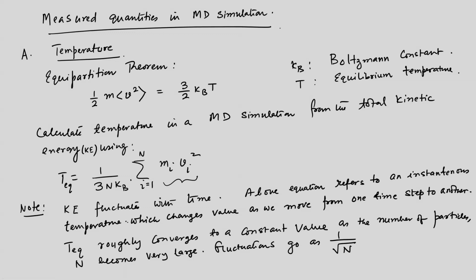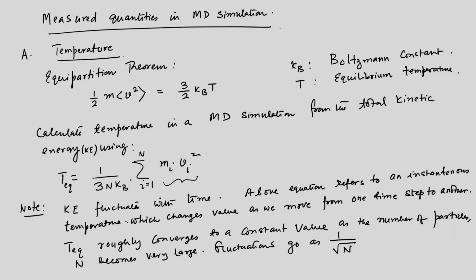One gets T_EQ, which is roughly a constant value, but there could be some fluctuation remaining for a given system with a finite number of particles. So, this is the way one calculates temperature, even though temperature is not an input to the problem, by calculating the velocities of the individual particles and summing up, and according to the equipartition theorem one can get the temperature of the system.